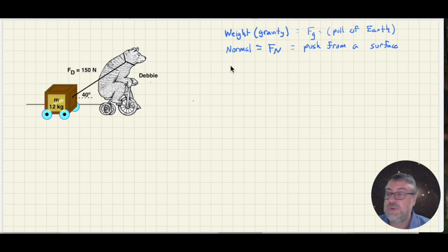We are also in this picture going to have a tension. Typically, we'd label that FT. In this case, I'm going to label it FD because it's Debbie's tension. But a tension is the force along a rope or a string.